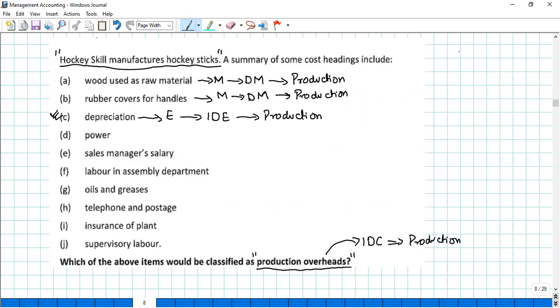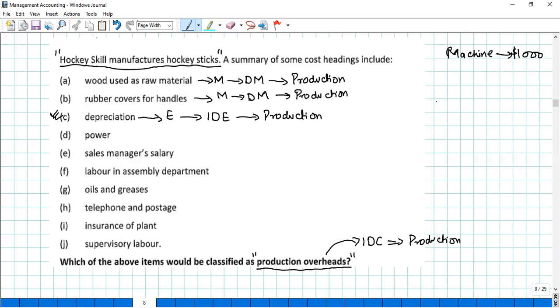Now let me clarify more about depreciation. Those who have done financial accounting know this. Let's say you have a machine which is being used for manufacturing hockey sticks. The cost of the machine was $1,000. When you use the machine, its value wears out over time.